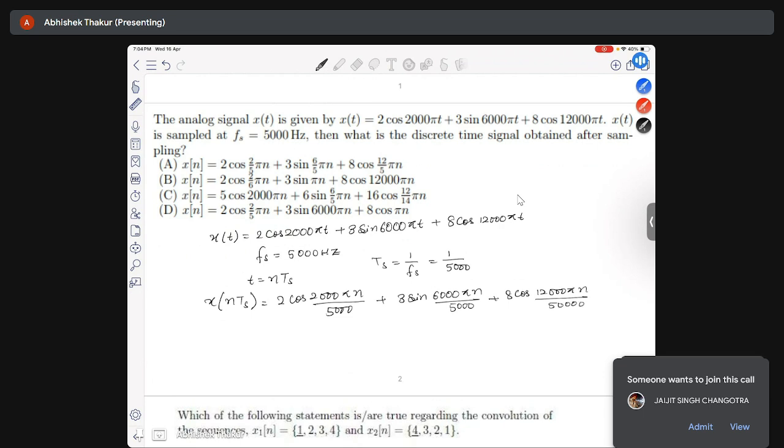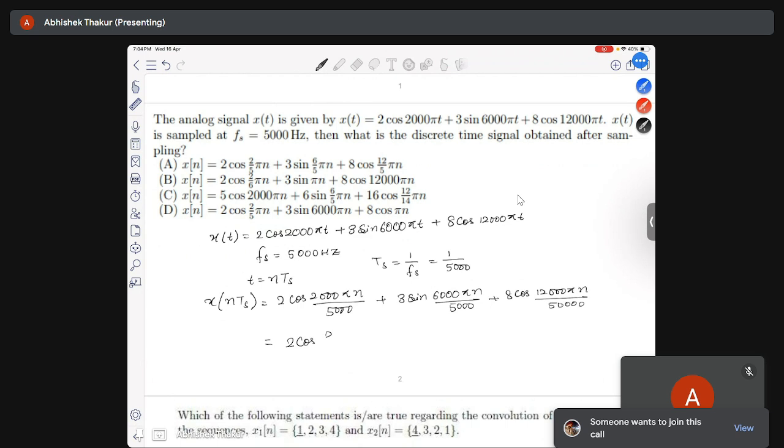So the final answer will become 2 cos 2 by 5 pi n plus 3 sin 6 by 5 pi n plus 8 cos 12 by 5 pi n. So the correct answer is option A.